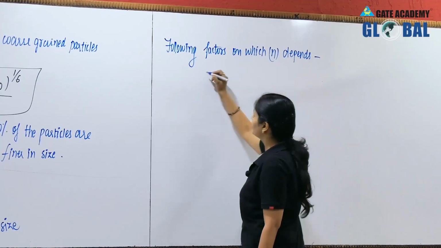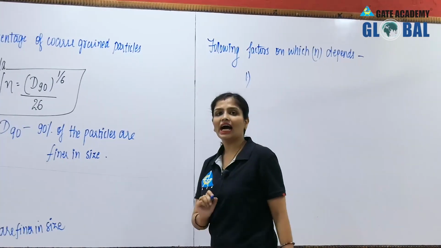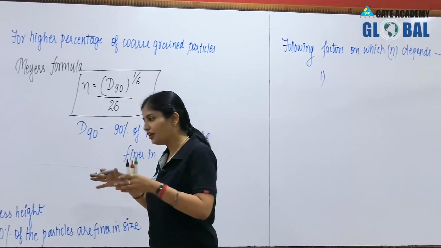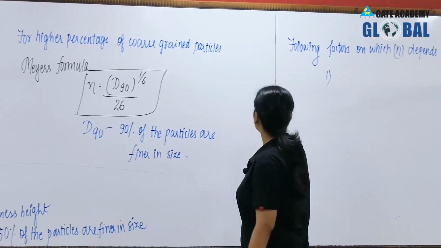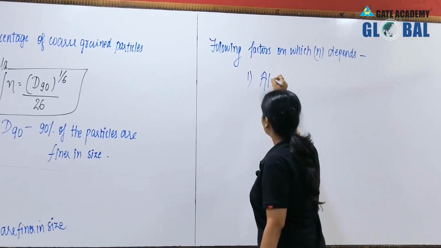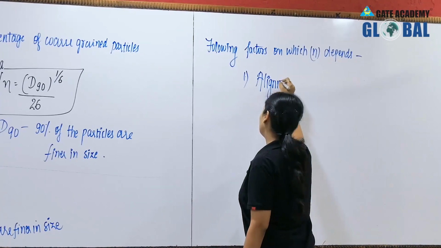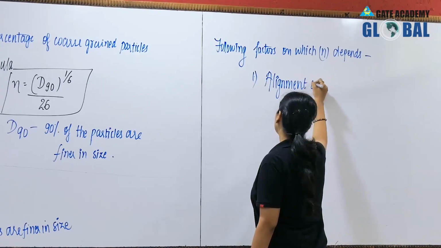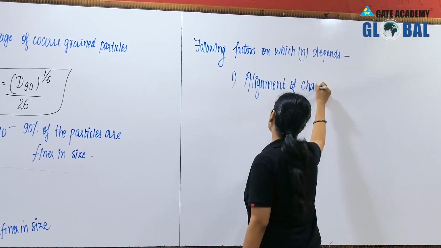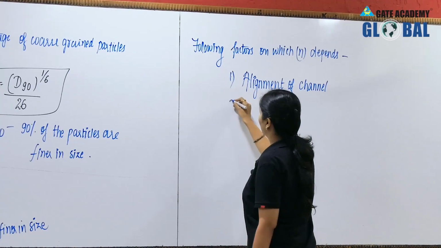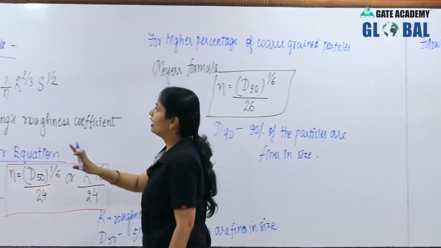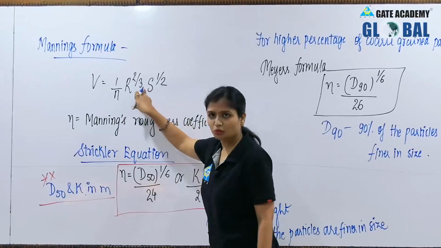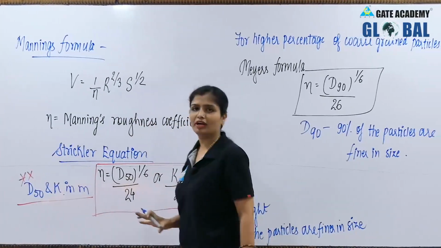Come on, you got something? Can I write alignment of canal, the way in which the canal is aligned? Yes, it depends upon alignment of channel. You can see V is equal to 1 by n r to the power 2 by 3 s to the power 1 by 2 in the formula.